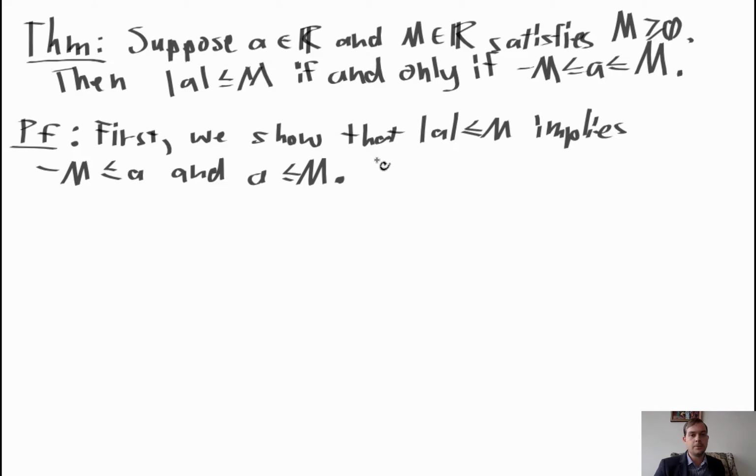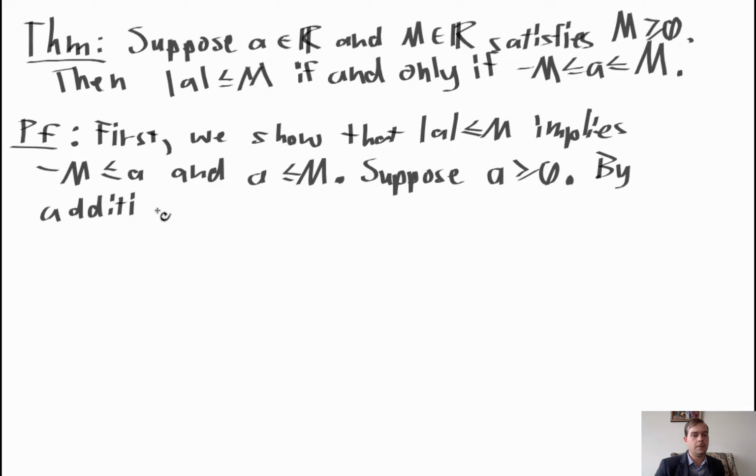First suppose, and note this is basically case 1, a is greater than or equal to 0. Well, by the additive property of the order, we're going to have that minus m is less than or equal to 0.